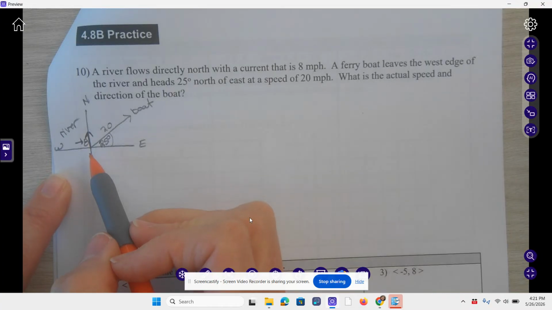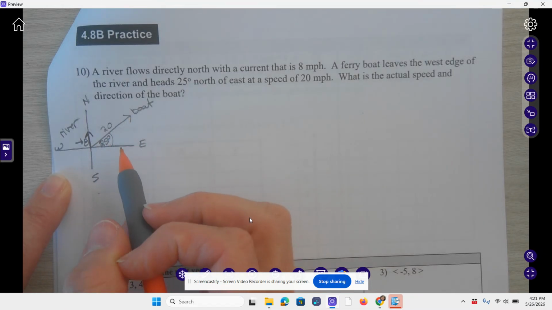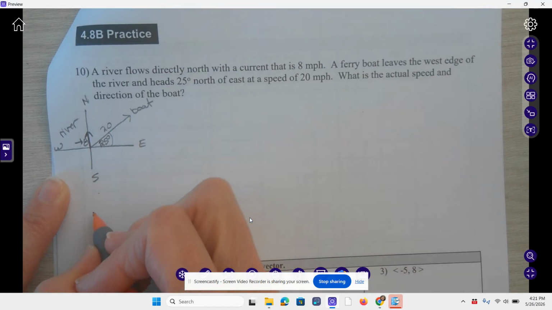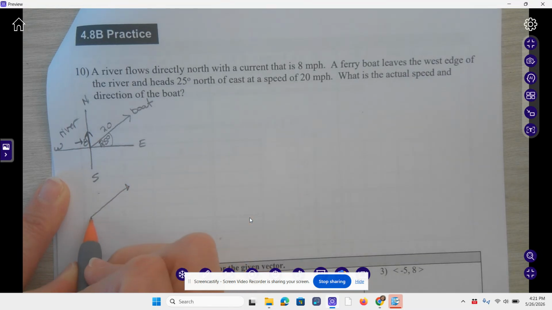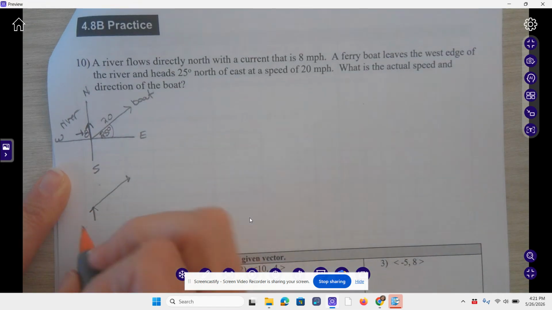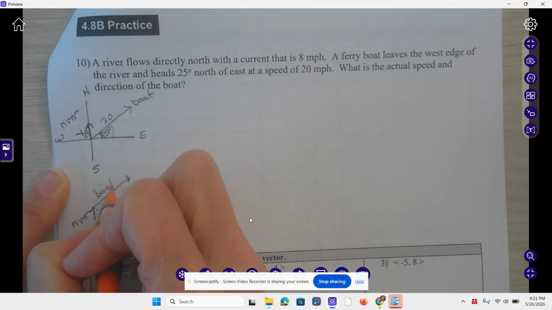If you wanted to picture what's happening here, we have the river and we have the boat. I'm going to sketch this down here. We have the boat and then the river, which has a current and is pushing on it. So this is the river, this is the boat.